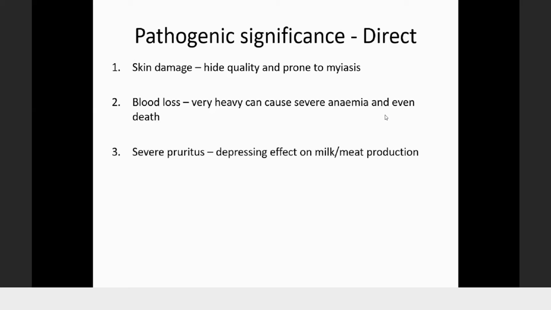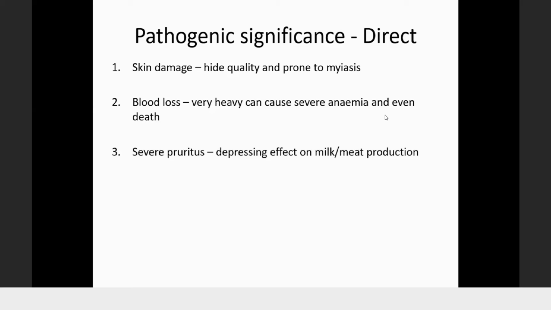And then it can open the cut skin and make it prone to myiasis. So flies can come and then lay eggs. And very heavy blood loss can cause severe anemia and even death in some animals. It also can cause severe pruritus that causes production loss.